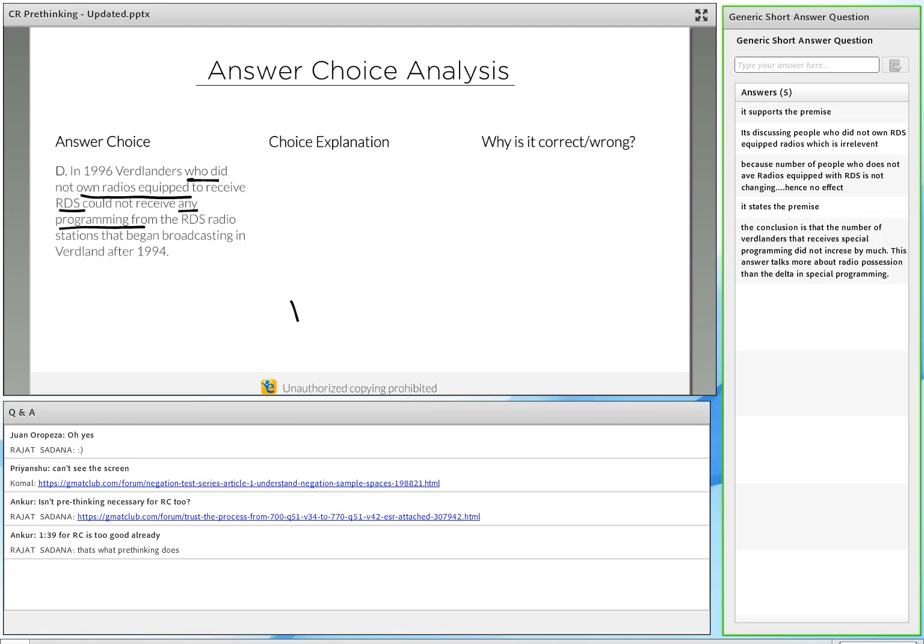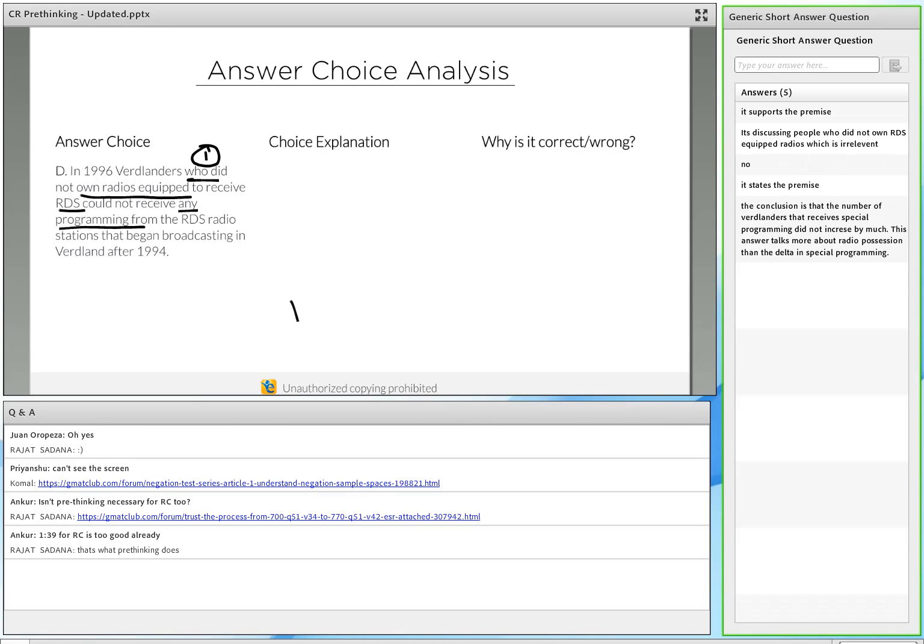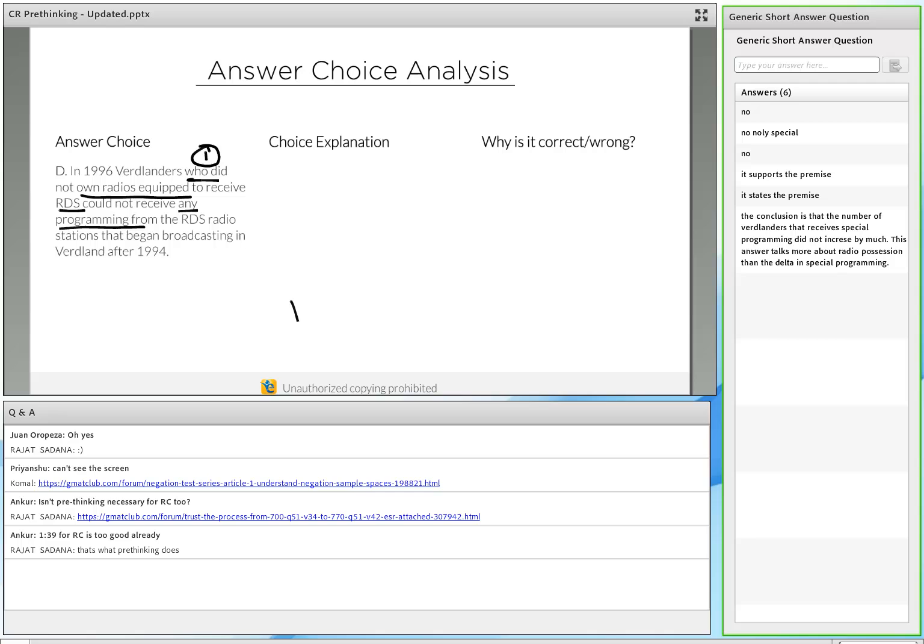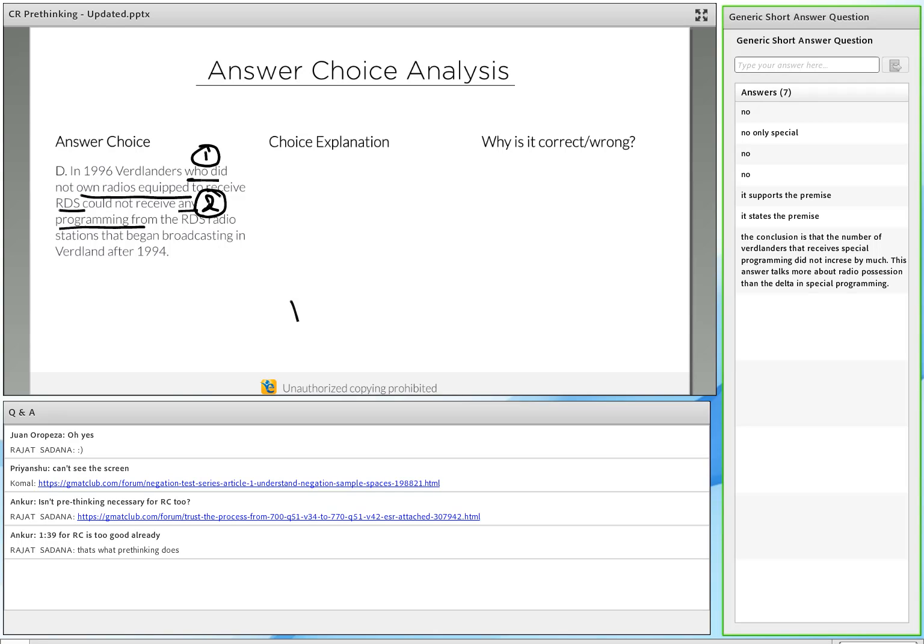My question to you is, do we care about this? Do we care about people who do not own the right kind of radios? The second thing is, when it comes to our conclusion, do we care about any programming?